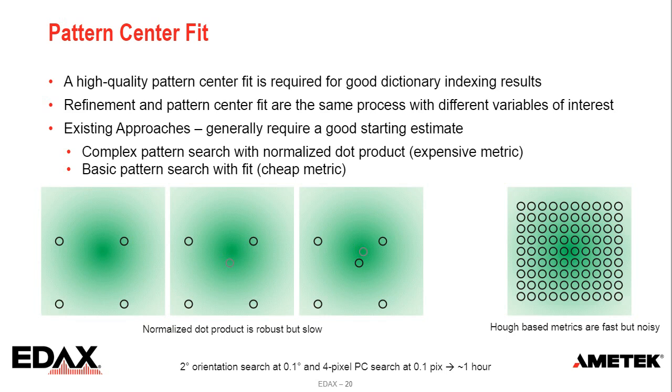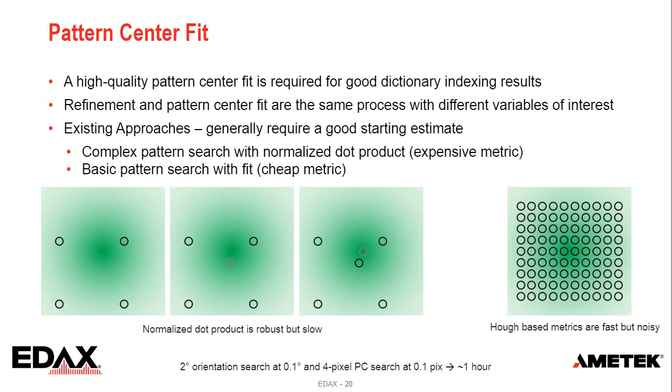Or you can do something that is very cheap to evaluate, like fit quality, and just do a brute force because it's fast. If you do the pattern center tune in analysis, that's the approach that's done there: you are using the band fit to minimize, and that's very inexpensive, so you can evaluate a bunch of different parameters very quickly to just say where is the best over a high density grid.